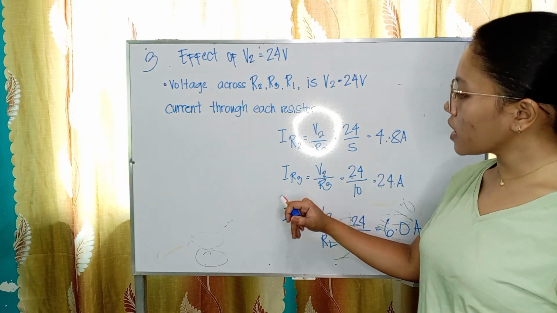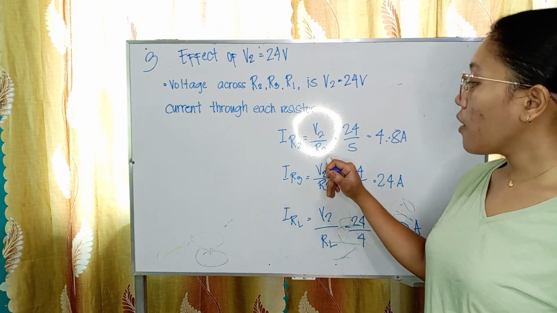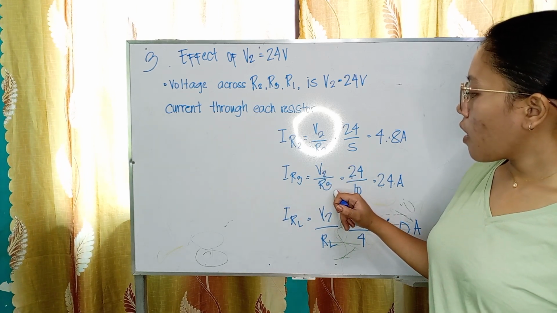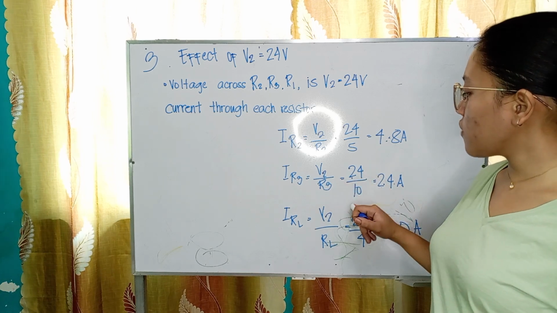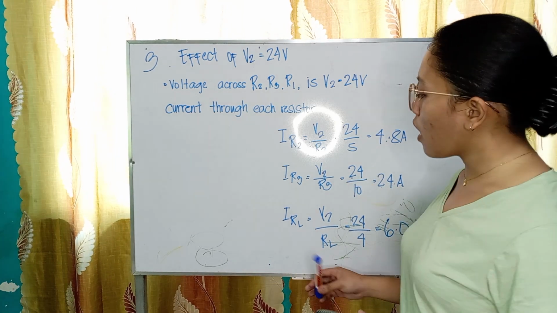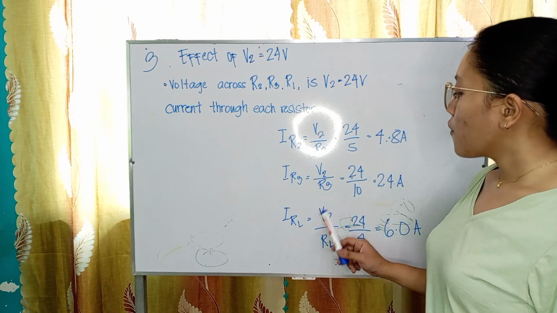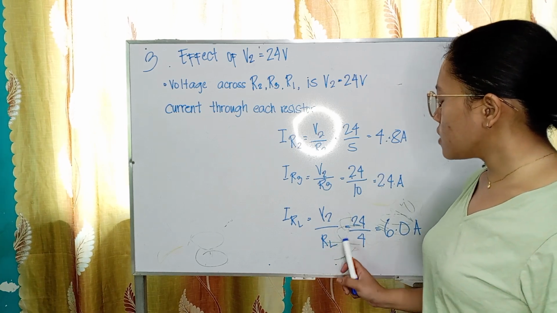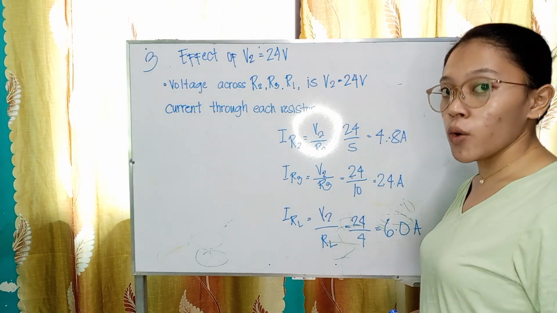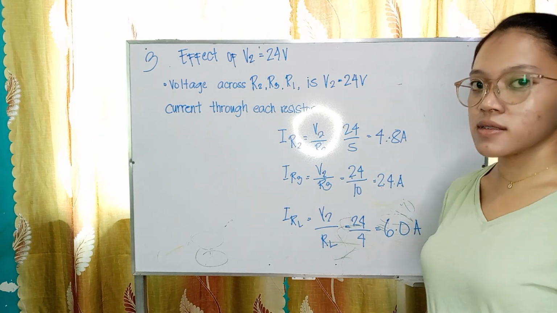For IR sub 3, it is V sub 2 over R sub 3, equal to 24 divided by 10, equal to 2.4 amperes. And for IR sub L, it is V sub 2 over R sub L, equal to 24 divided by 4, equal to 6.0 amperes.